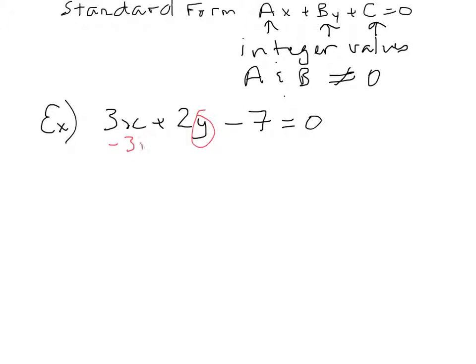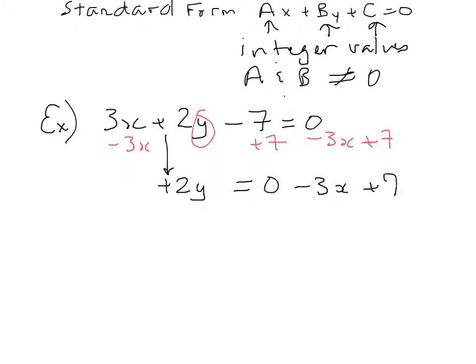So I'm going to subtract 3x from both sides. I have a minus 7, so I'm going to add 7 to both sides. And what I end up with then, on my next line, is 2y, and it's still positive because this sign always travels with it. We don't normally write that in there. It is equal to negative 3x plus 7.